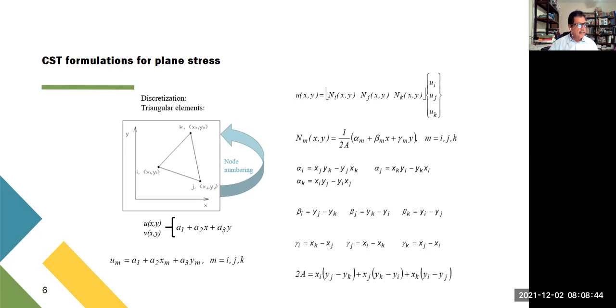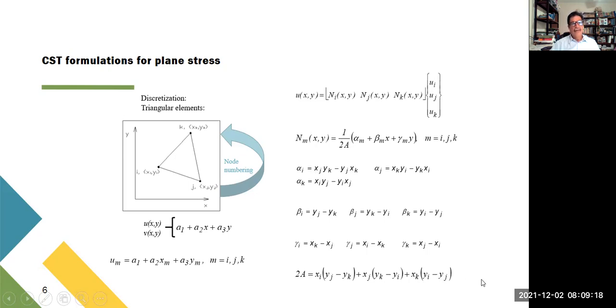Okay? So here you see that alphas have units of length squared. Beta has units of length. And gamma also has units of length. In this case, this large A is the area of the triangle. Okay, this combination is twice the area. The first time I started working with this, I said, is this real?